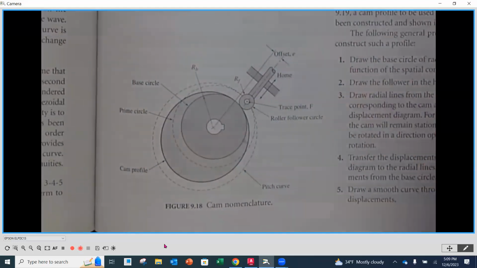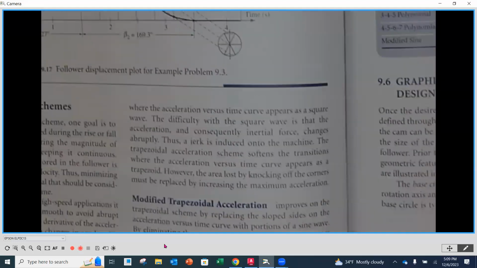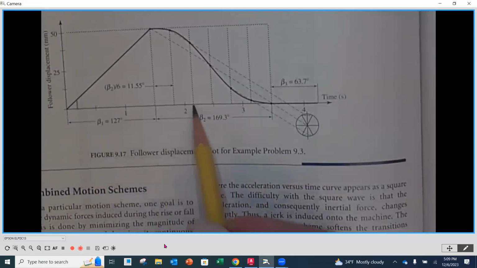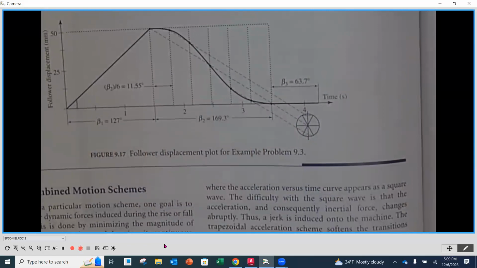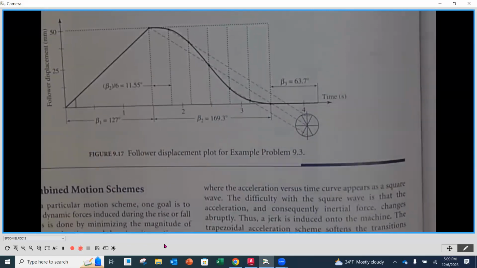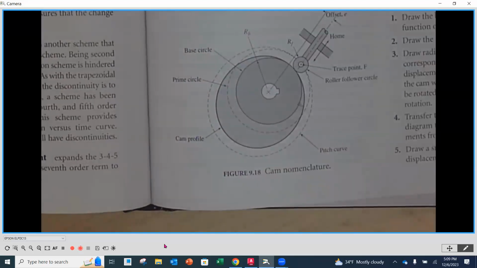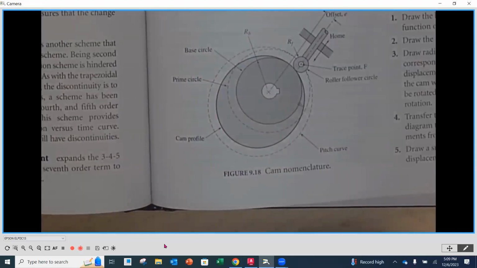It's like taking the baseline from our displacement diagram; that's the base circle. But that's not how a cam works. So it starts out on the base circle, and that's like its home position.